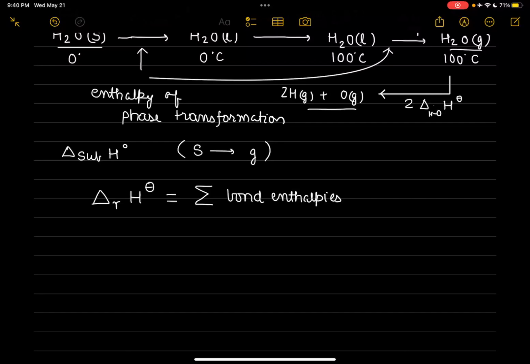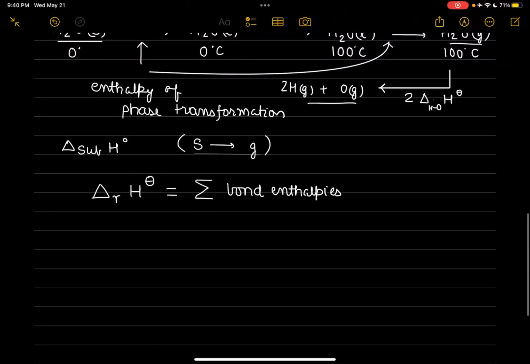Just like the enthalpies of formation of individual components can be used to determine the heat of the overall reaction, similarly, bond enthalpies can be used to determine the heat of the overall reaction.